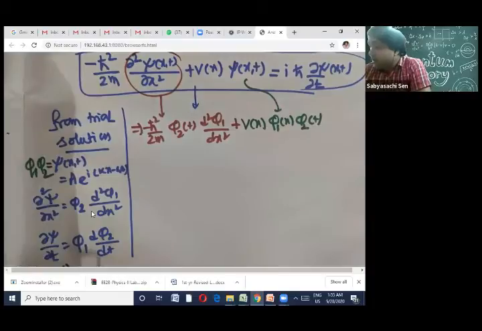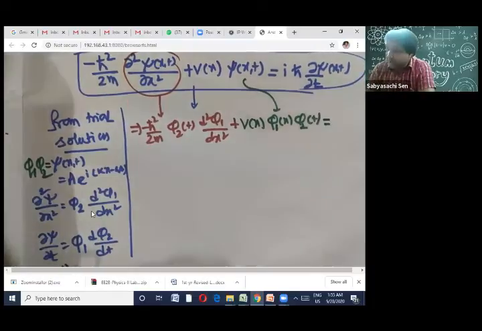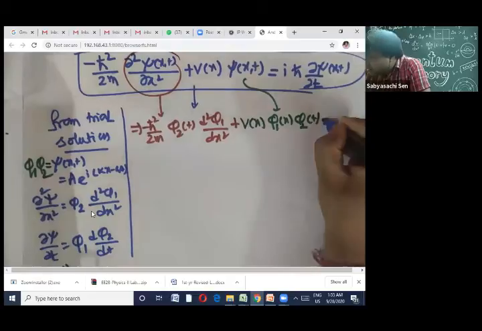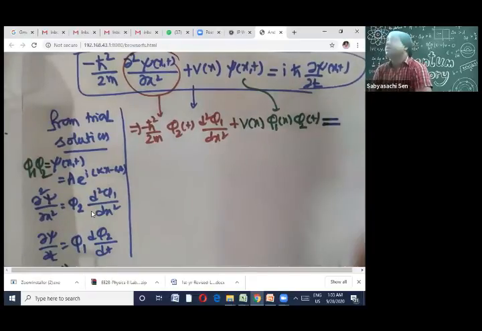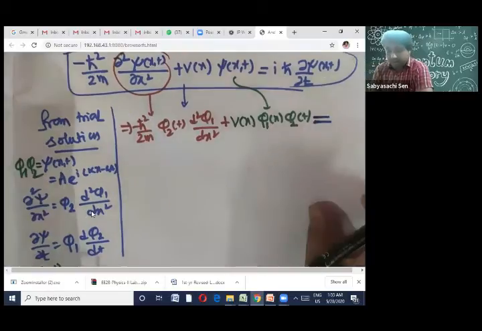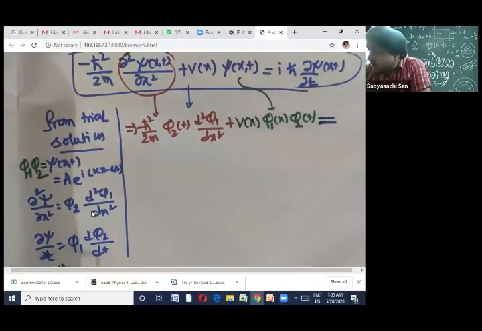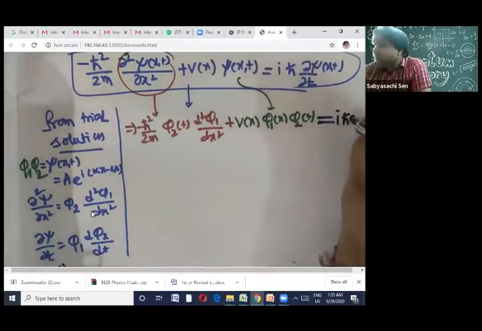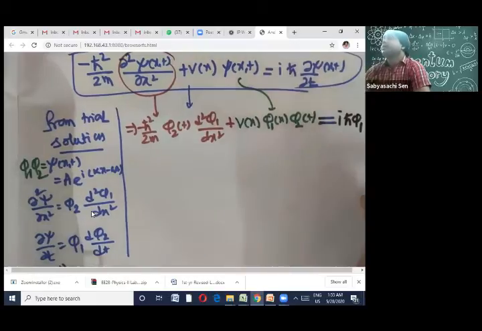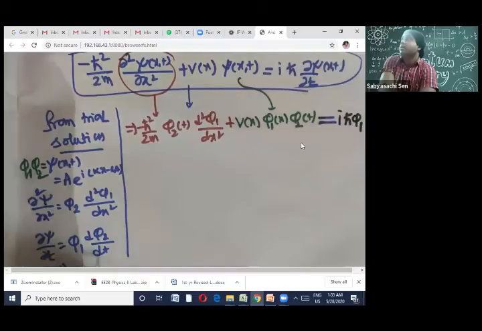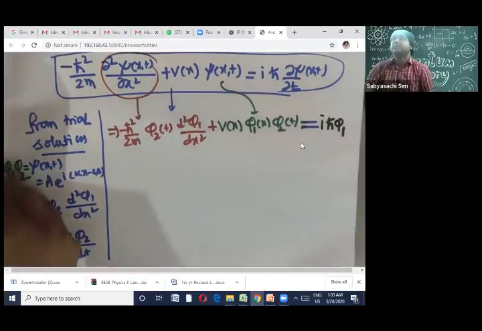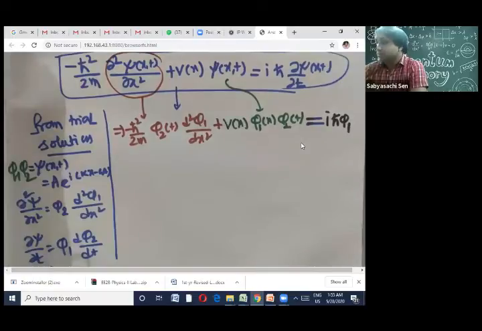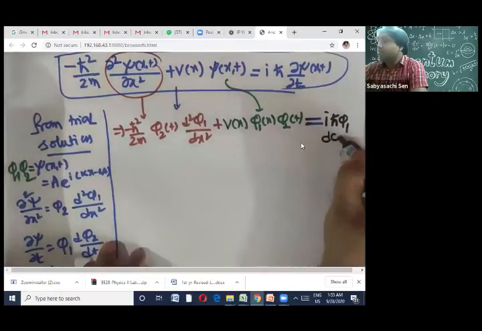On the right hand side, I put a blue equal sign. I hope you can see it there. The right hand side is i h cut phi 1, d phi 2 dt.